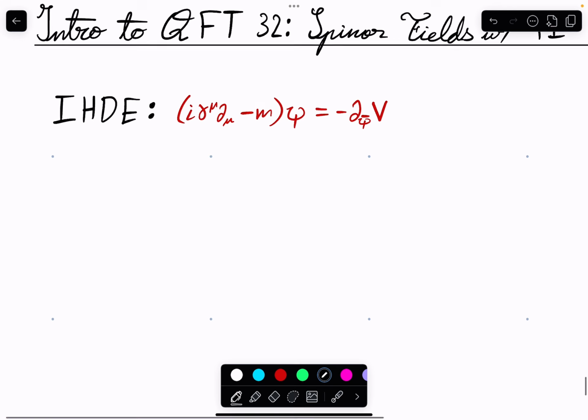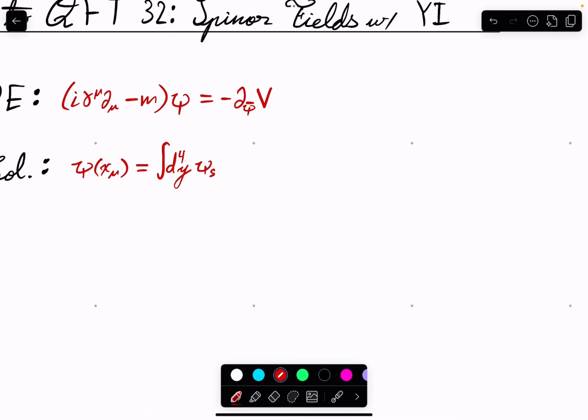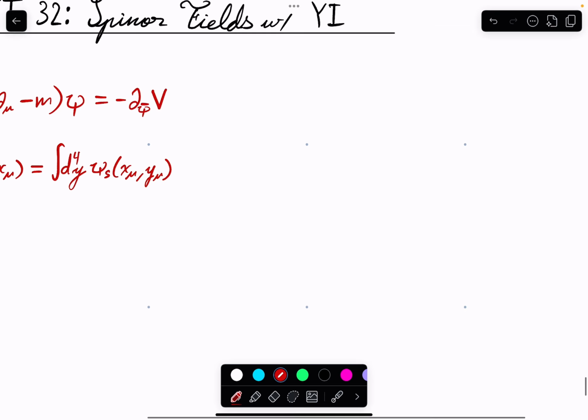And we have that the general solution for this equation with an interaction potential V is going to be C, depending on x, the integral over y of the special solution, which depends on x and y, relates the two positions, and of course, the derivative here of the interaction with respect to the field.